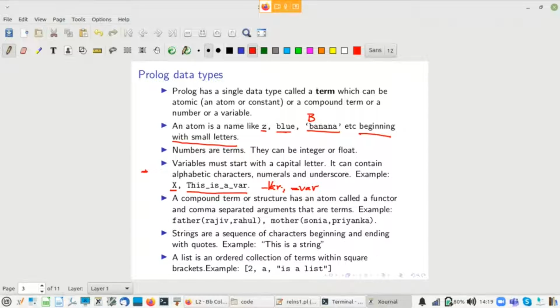Now you can have compound terms or structures. They allow you to have what are called functors. Here we had just sequences like Z, blue, etc. They are atomic, they are constants. Here, for example, we have compound structures. You can think of them as a functor with arguments, and these arguments themselves are terms.